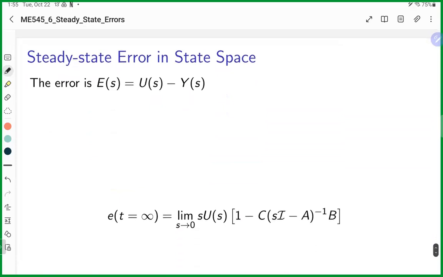And steady state error in state space is defined as this, where we have a simple unity feedback system, and let's say the output's y, and we have u here, then we have this simple feedback system here.